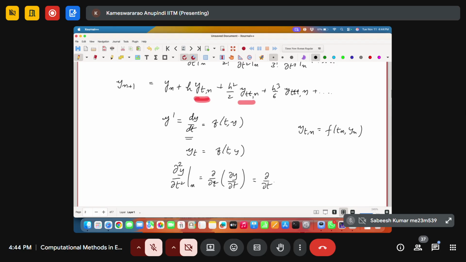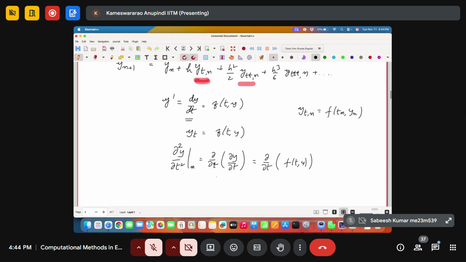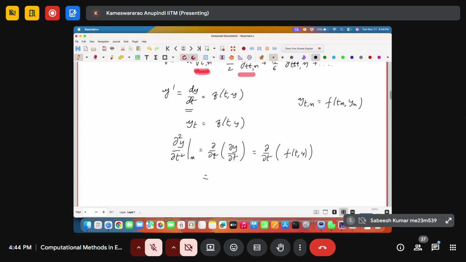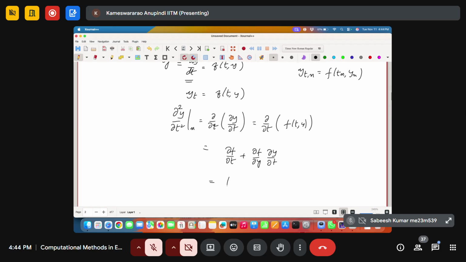That is nothing but dou by dou t of dou y by dou t is f of t comma y at n. Okay, so this is with respect to time, but then there are two variables t and y. T we can directly calculate, but then y is a function of time as well, right? So as a result, we can write this as dou f by dou t plus dou f by dou y times dou y by dou t, right? If that is the case, I can write this as ft plus dou f by dou y is fy times dou y by dou t is again f, right?